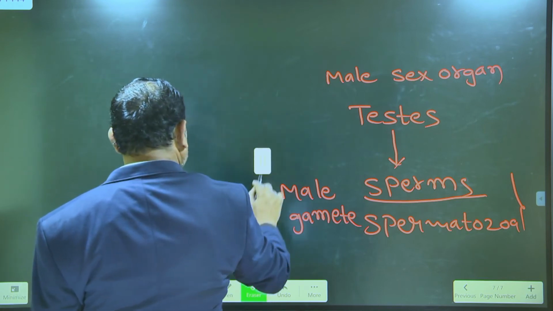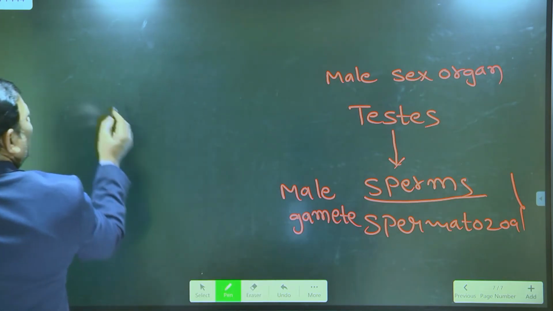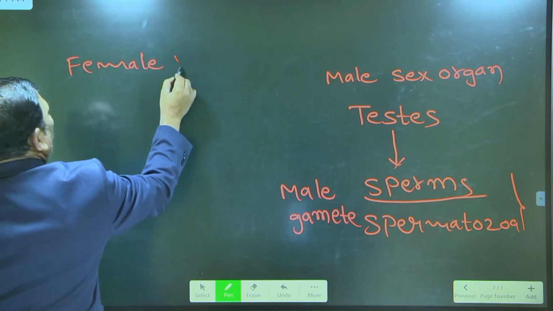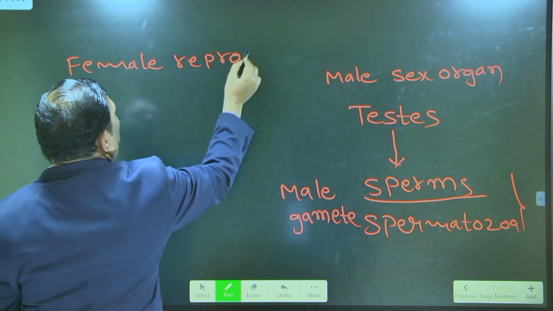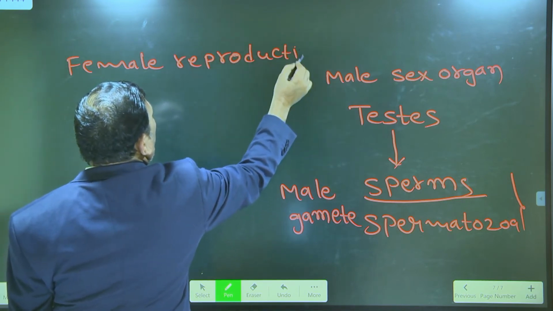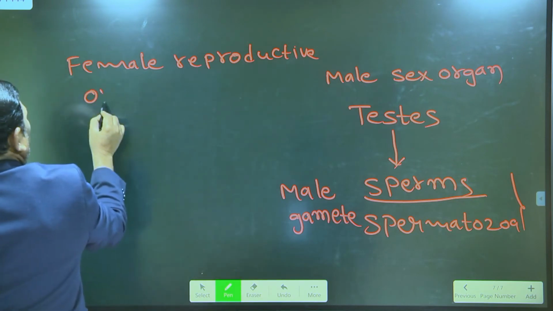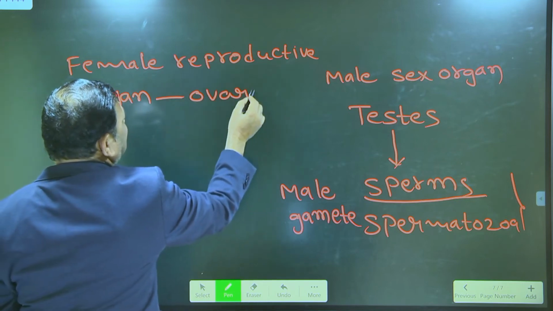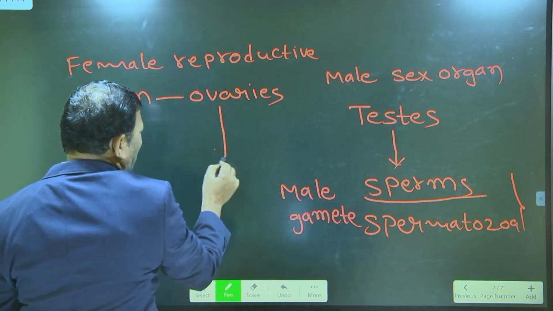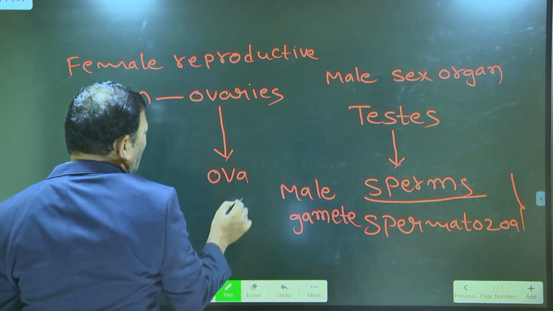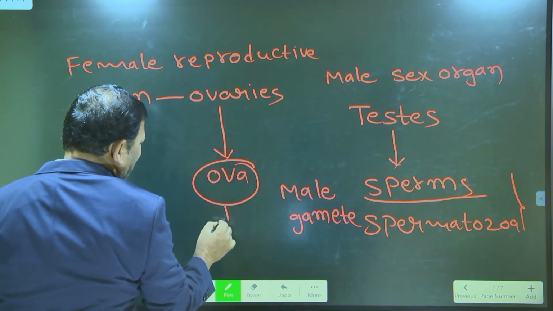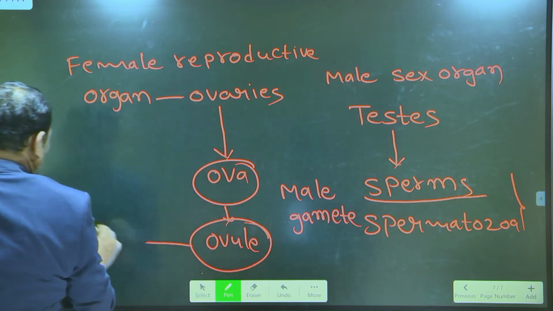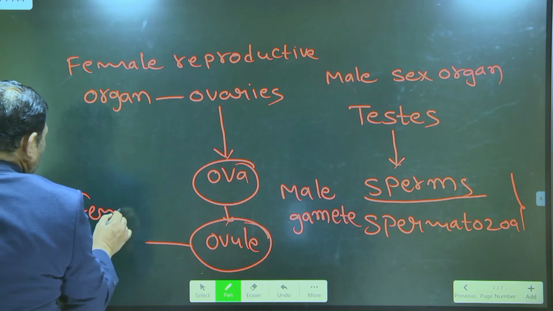The ovaries produce ova, or ovules. The ovule is the female gamete.